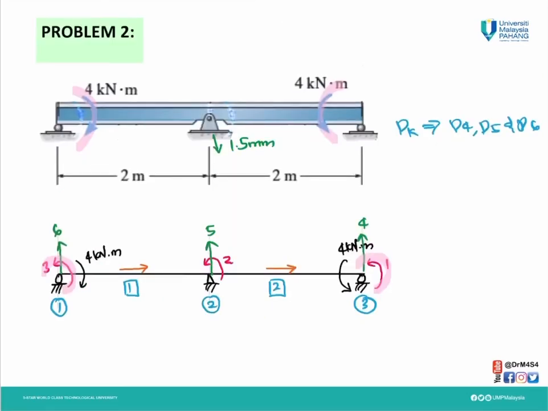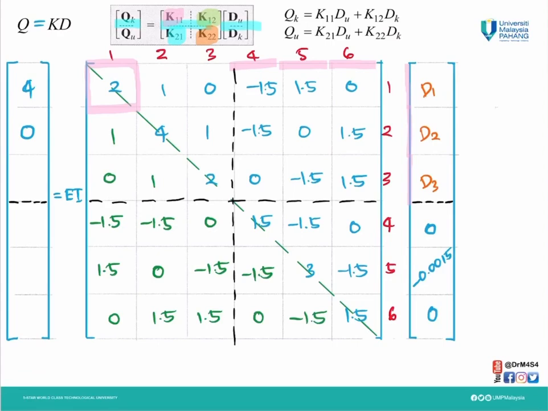And back to rotational 3 here, we can see this direction is against that rotational direction, so that's negative 4. So that's the one for Q known.